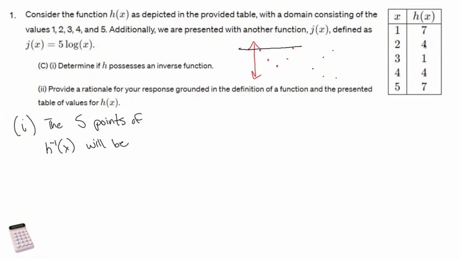So it's 1, 7, 2, 4, 3, 1. In order to find the inverse, you literally swap the x's and y's. So our 5 coordinates will be 7, 1, 1, 3, 4, 4, and 7, 5. Maybe I should say coordinates instead of points, but there's nothing wrong with saying points. It just sounds more professional, I guess.